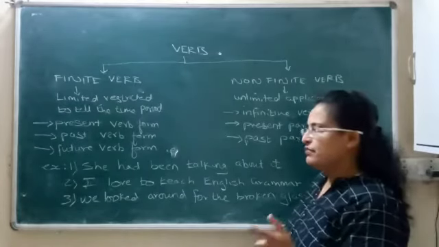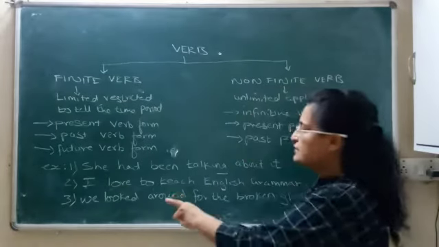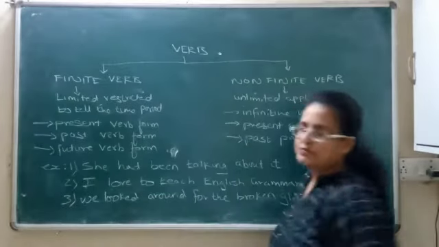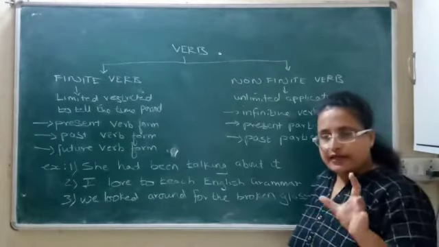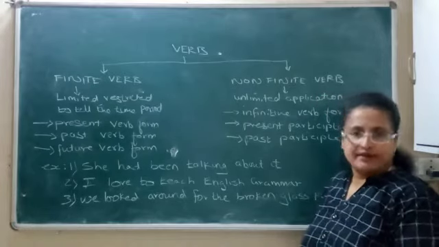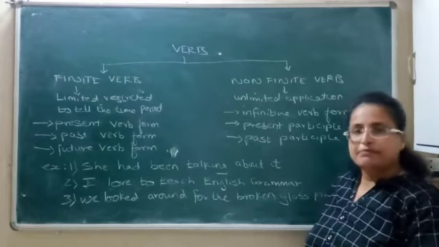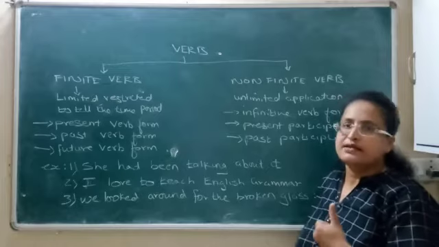So I identify the finite verb in the second sentence. It is love. So predicate is: love to teach English grammar, and subject is I. So in this itself you will come to know that for an English simple sentence, there must be one finite verb. And the predicate always begins with the finite verb, and the noun or pronoun before the finite verb, that is the subject.